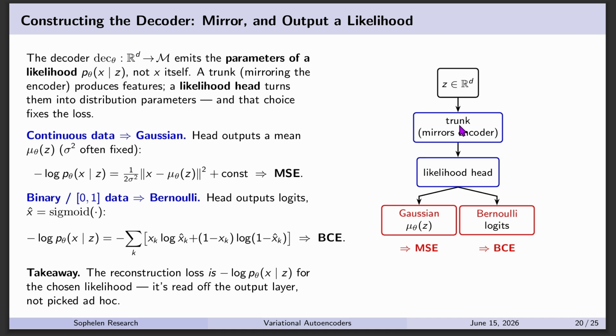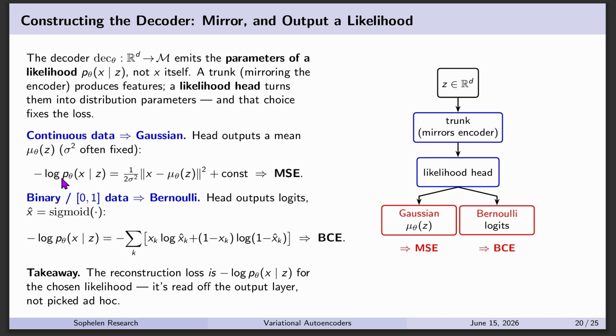You go from the smaller dimensional space to the space that contains our data. It depends on what kind of data you work with. Here we're just going to stick with continuous data. So this z would map us to a Gaussian blob, and because the variance is fixed, all we extract from it is the mean.